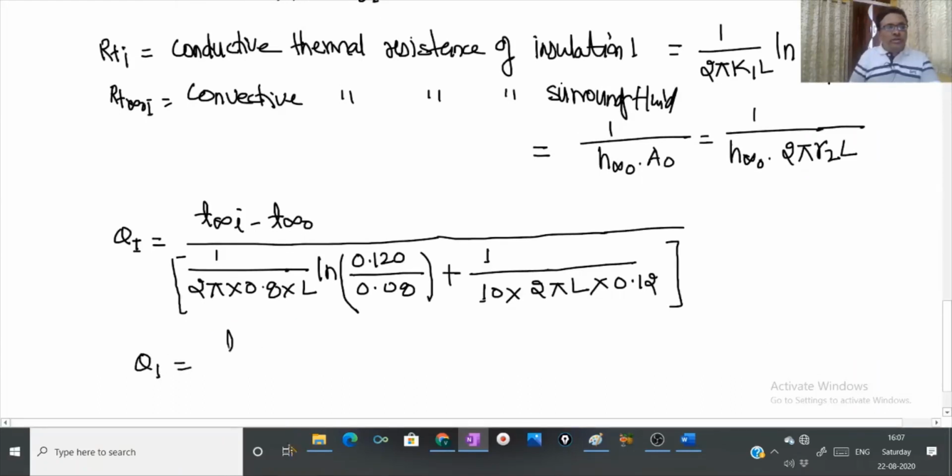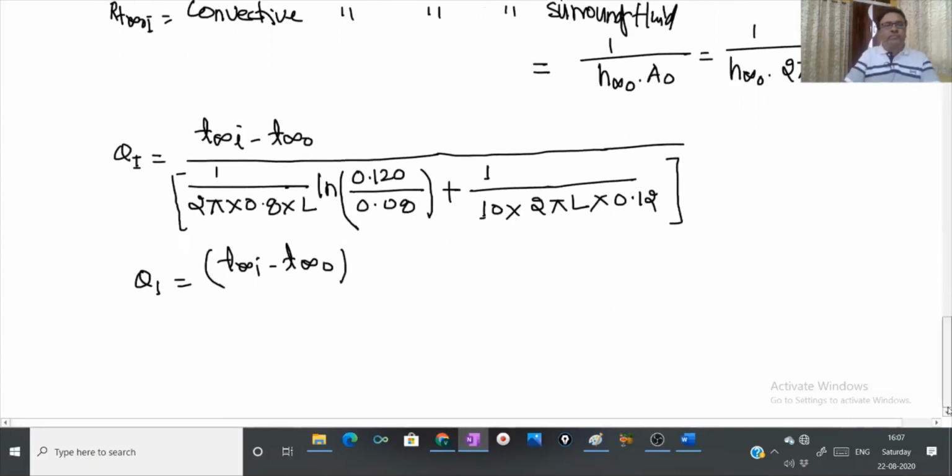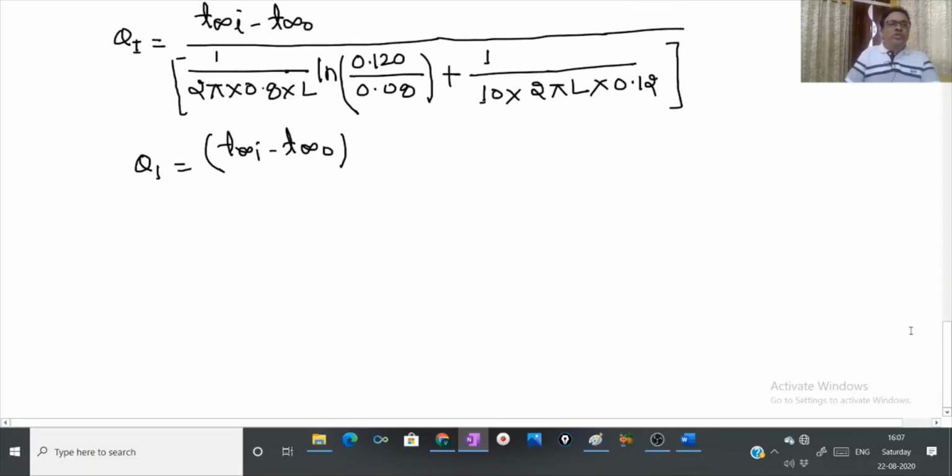Q1 will be T infinity I minus T infinity O. After taking 2 pi L out, it will go to the numerator, and the denominator quantity comes out to 1.340.